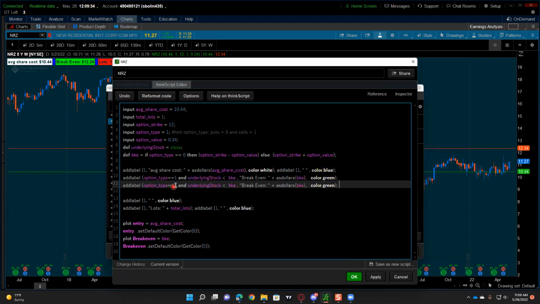And we'll do it again, but we'll use puts. And in this case, if the underlying stock price is greater than the break even, then we want it to be green, right? Because if we sell a put and then price goes below our put, that would be something we'd want to see in the label as a warning. We'd want that label to turn red.